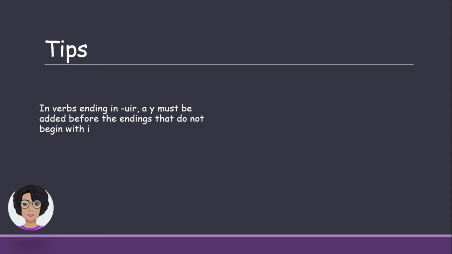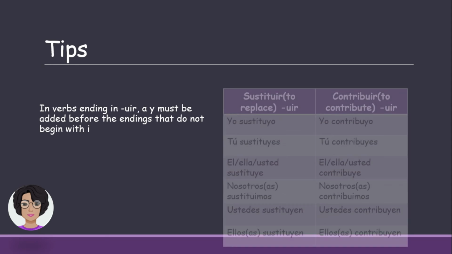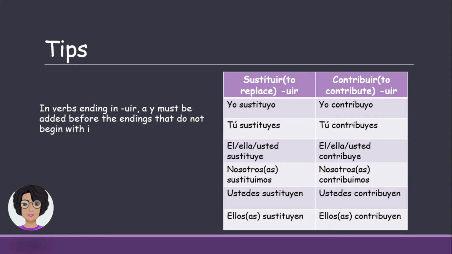In verbs ending in -uir, a y must be added before the endings that do not begin with i. Here we have the verb sustituir, to replace. Yo sustituyo. Tú sustituyes. Él, ella, usted sustituye.